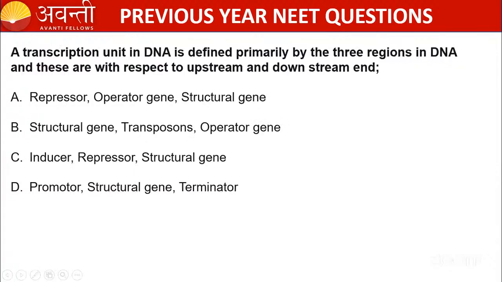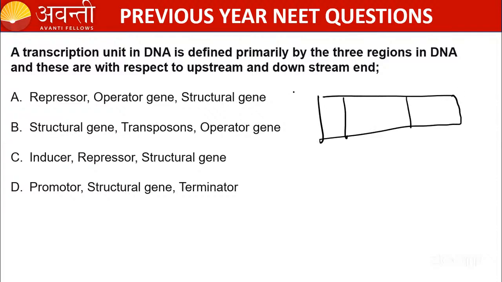A transcription unit, which we only now studied in DNA, is defined primarily by three regions in the DNA, right? Go back to that. Three regions, 1, 2, and 3. Where the transcription is going to start, and where the transcription is going to end. In the middle there is a structural gene.